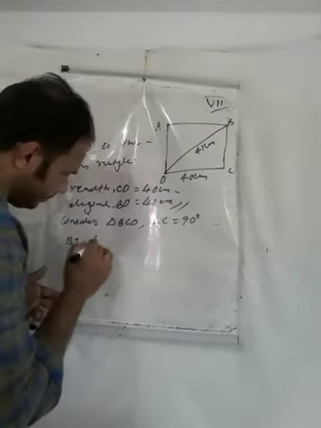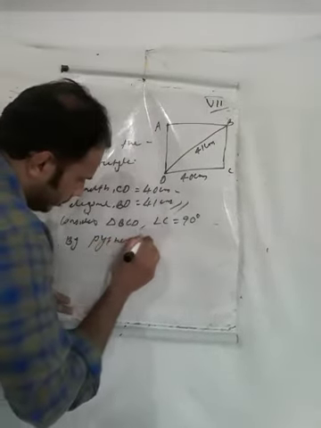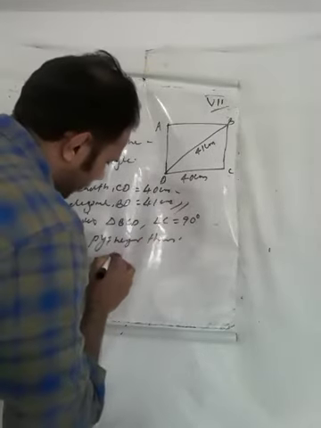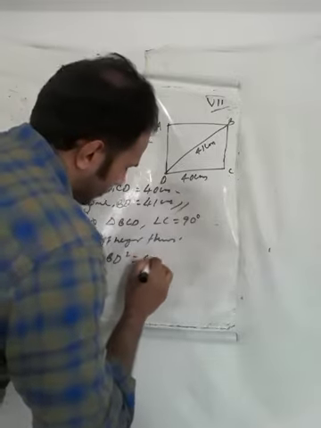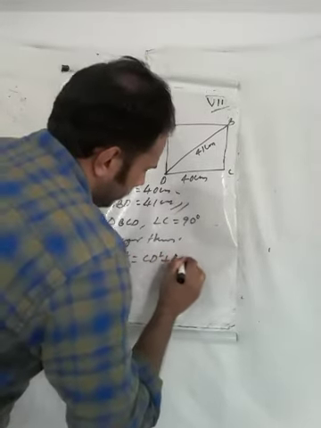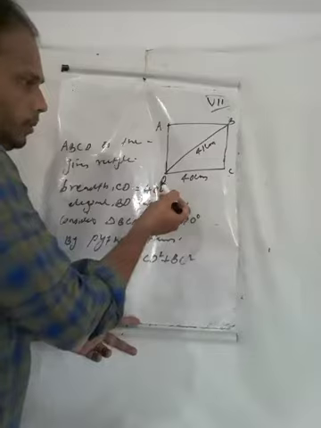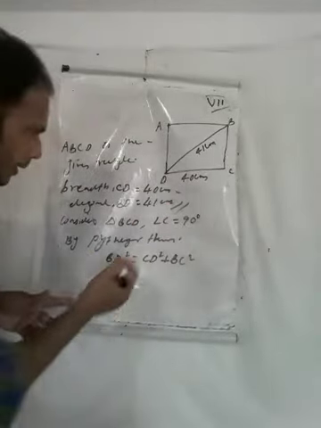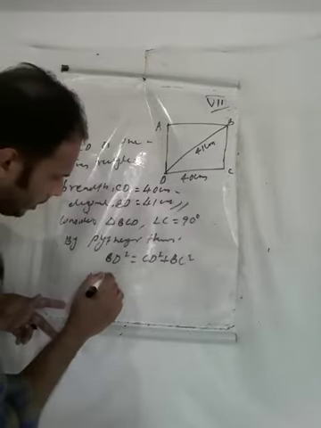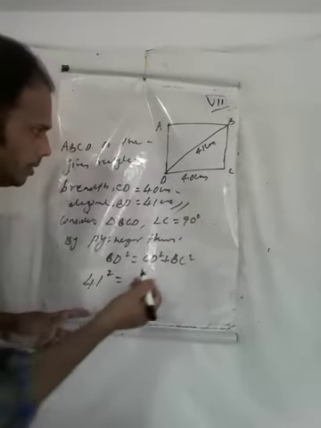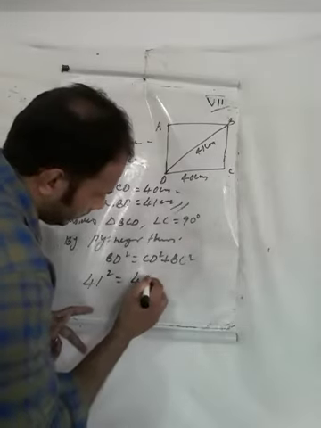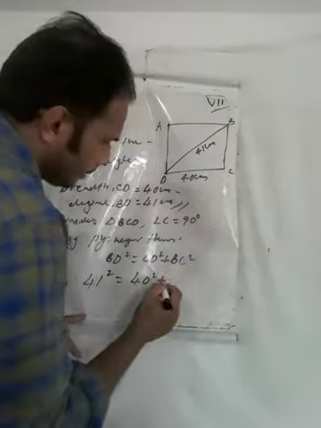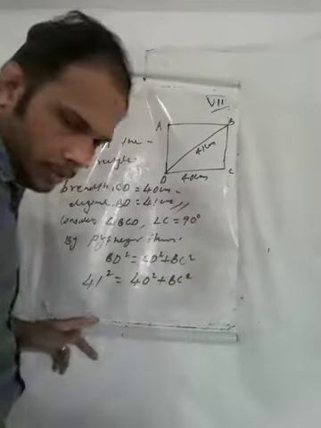So BD square is 41 square, equal to CD square, 40 square, plus BC square, which we need to calculate.